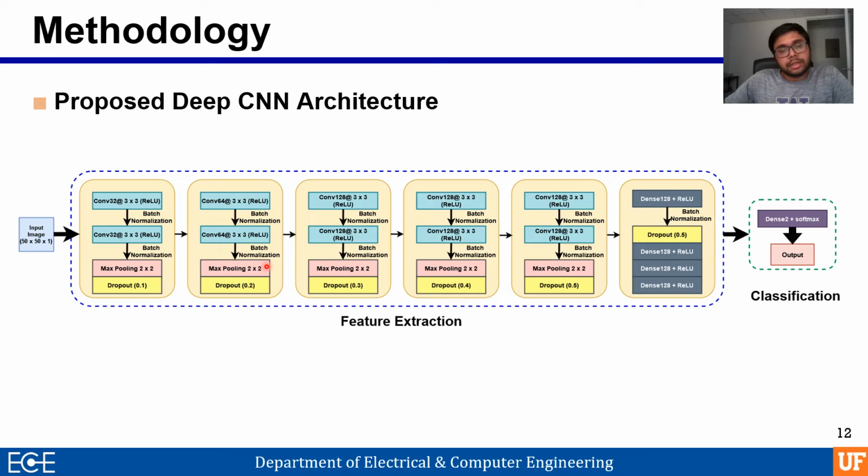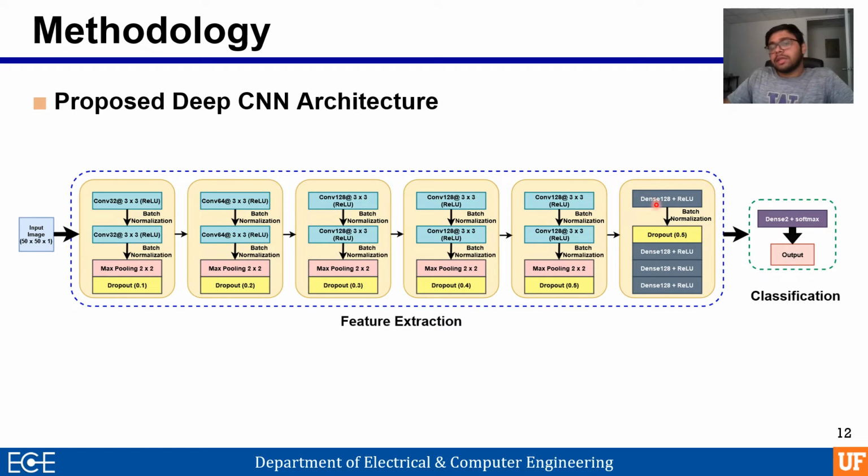The max pooling was the same, by a factor of 2, and the dropout was 0.2. After that, the convolution layer used a filter size of 128, and the kernel was 3 by 3. It also uses the ReLU activation function and max pooling of 2, and uses a dropout of 0.3. The subsequent two layers use dropout 0.4 and 0.5, but use the same type of convolution with the same filter size and same kernel size.